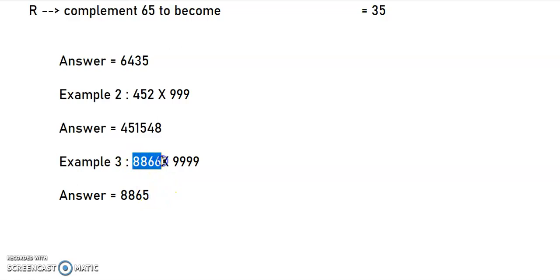This is a 4-digit number, so I could subtract from 10,000, but there is no need to do that. The simplest way is to subtract the last digit from 10 and the previous digits from 9. See, 9 minus 8 is 1, 9 minus 8 is 1, 9 minus 6 is 3, and 10 minus 6 is 4. This is the answer.